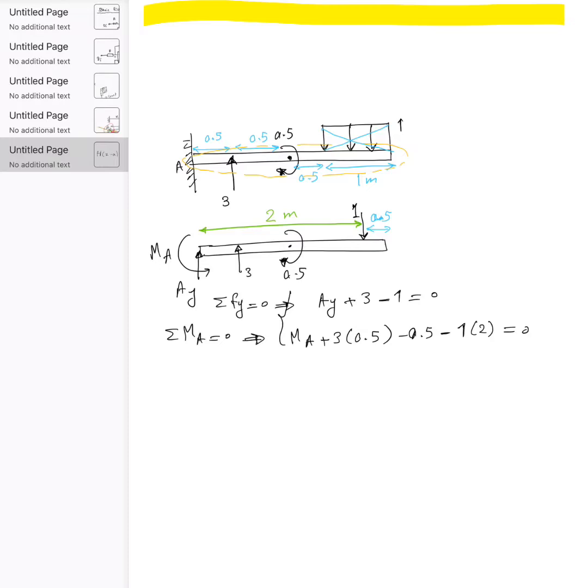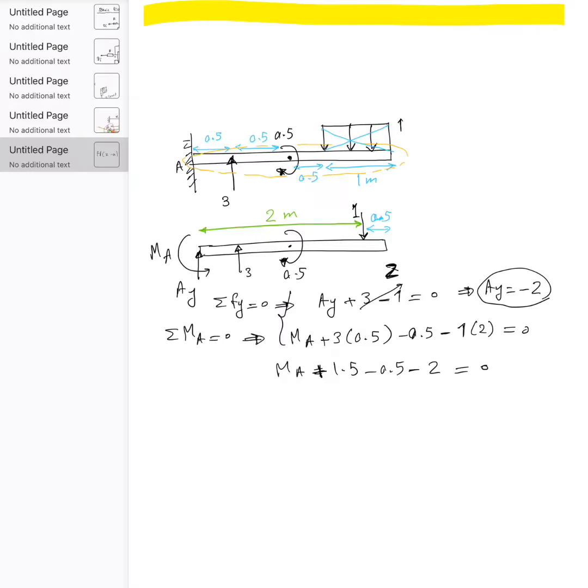Now let's solve these two equations for the reactions. This is going to give me AY is negative 2, and for moment MA you get MA plus 1.5 minus 0.5 minus 2 is equal to 0.